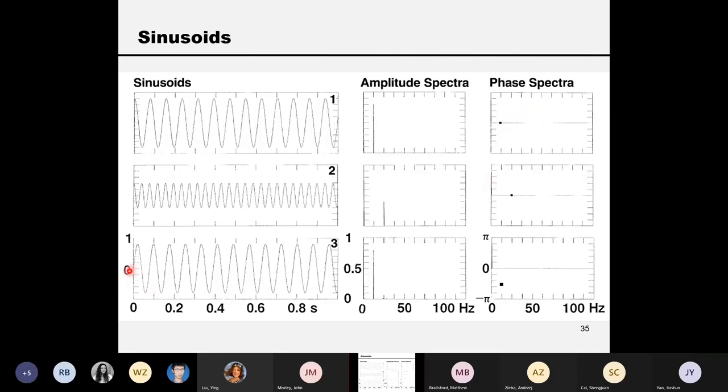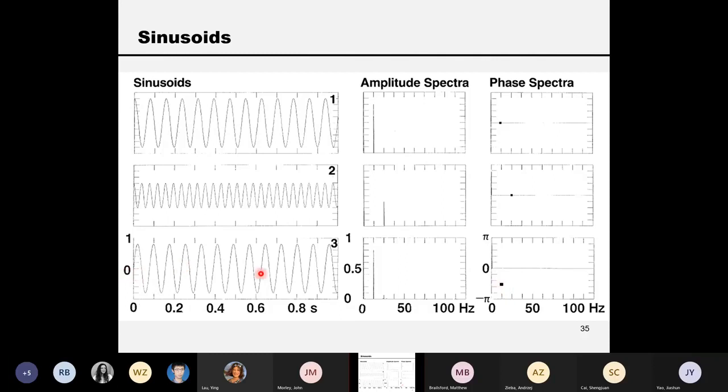But for this one, at time 0, cosine equals 0. What's the angle? What's the phase? It's half pi, right? Cosine 90 degrees is 0. And this one becomes negative half pi because we will see sine. We can find out because sine is at 0, right?